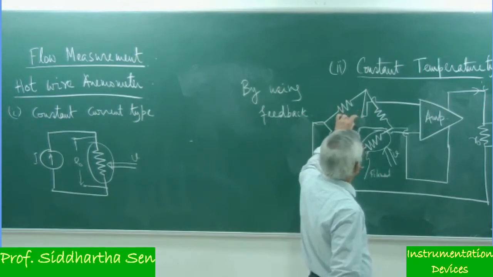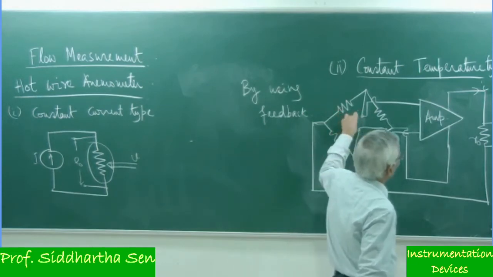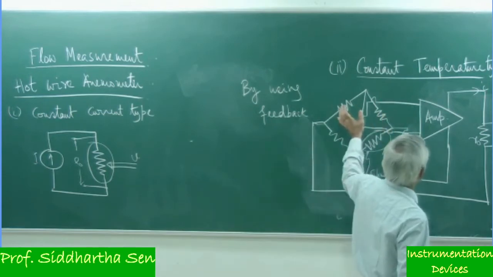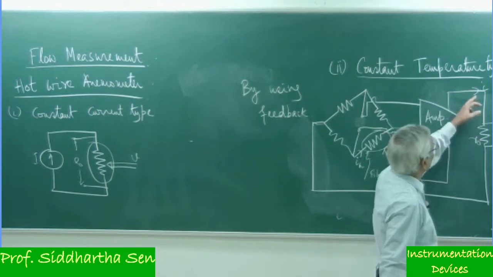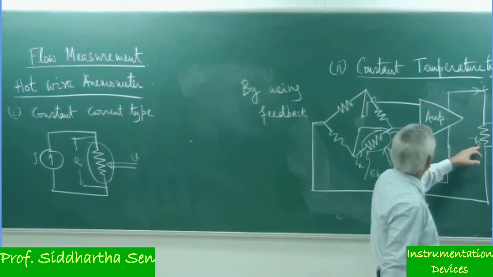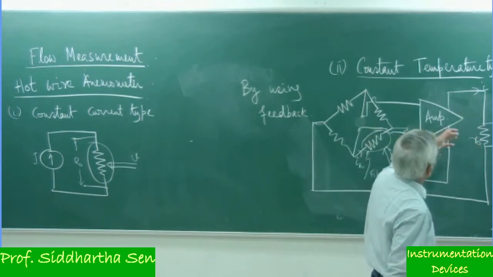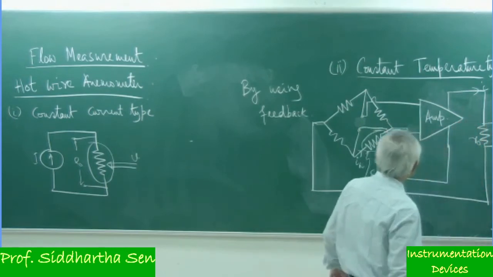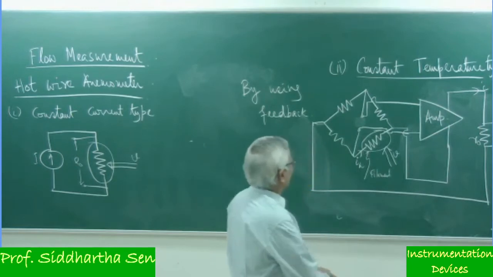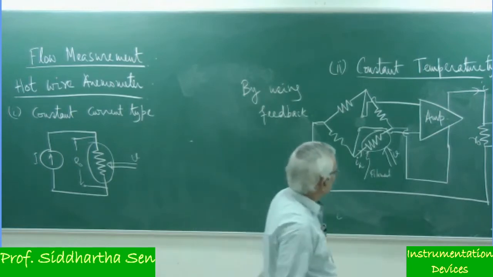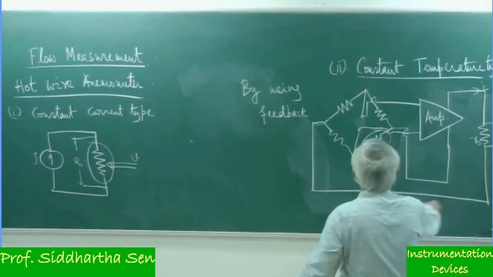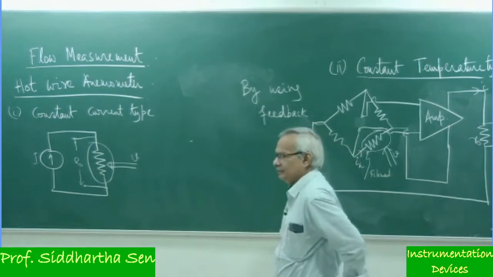At balance, we say it is a constant temperature device, and at balance we note the current through this one, the I, through this small resistance, and the supply voltage. So this is the constant temperature device, and you can see it is also a feedback type instrument.